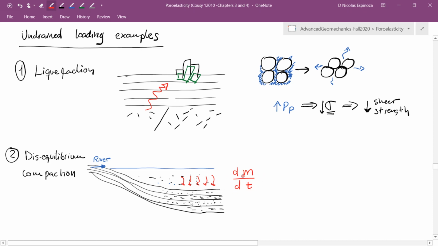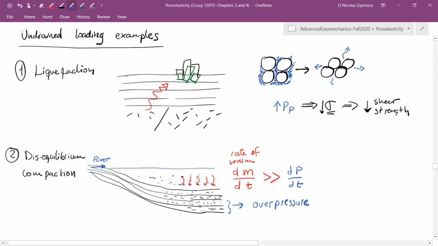If the rate of sedimentation is much higher than the rate of pore pressure diffusion, which is what we have seen before, what is going to happen is that some of these layers are going to develop what is called overpressure.